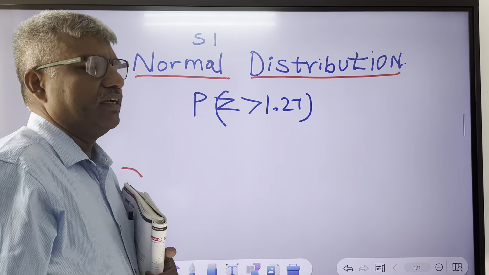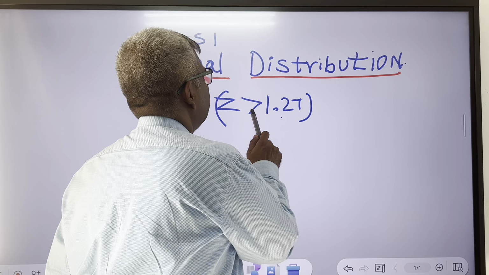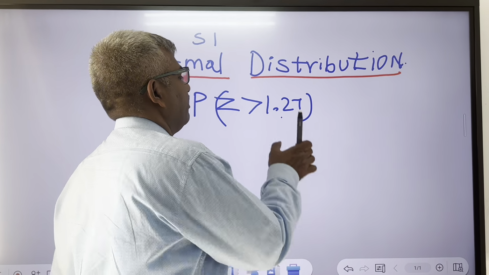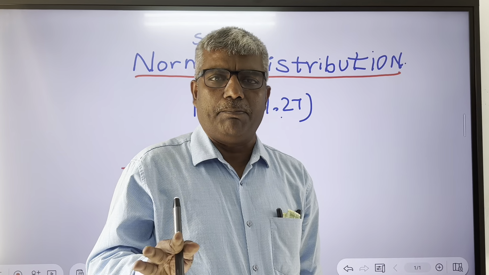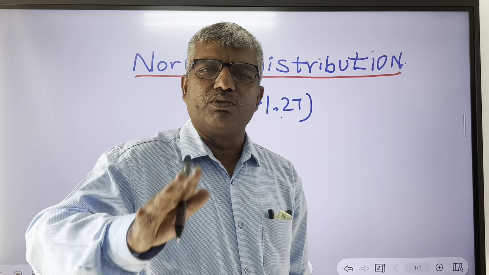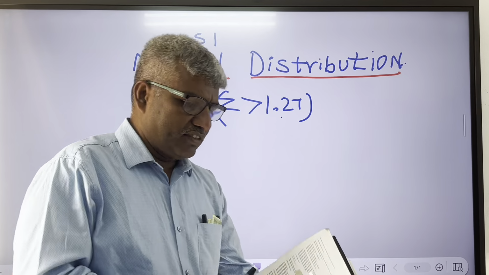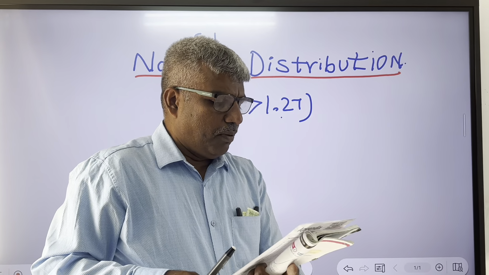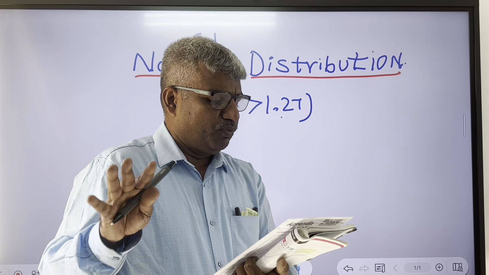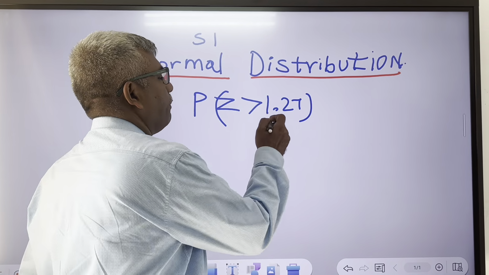Okay, this A value is what? 1.27, and it is greater than. If they are giving the A value and asking you for the probability, you can use only Table 1. Table 2 you cannot use, because Table 2 has only limited values. Okay, now 1.27.